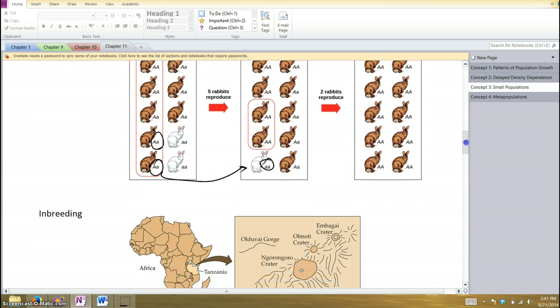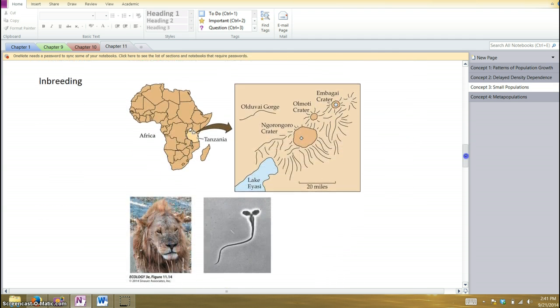Small populations are also susceptible to inbreeding, which is the mating between related individuals, and it essentially promotes a decrease in fitness, because when closely related individuals are mating, you tend to get more negative or deleterious combinations of genes getting together in offspring.